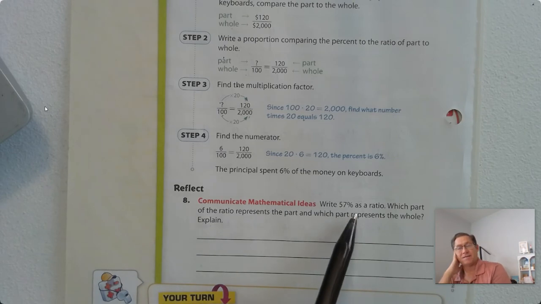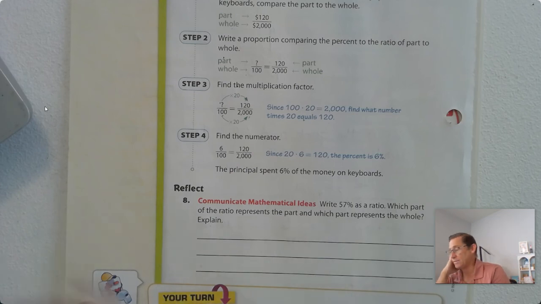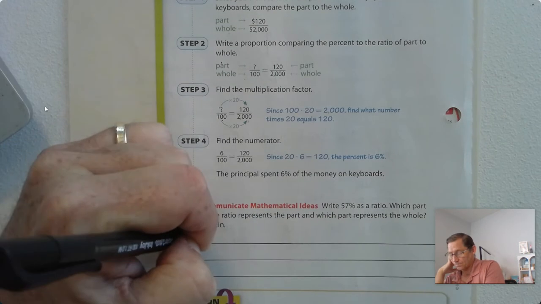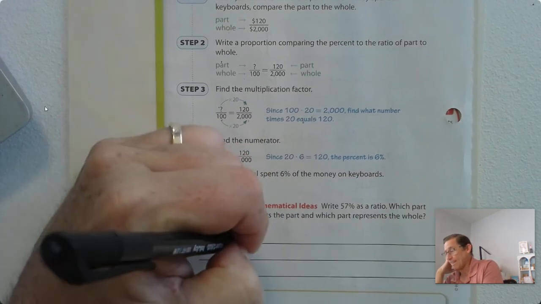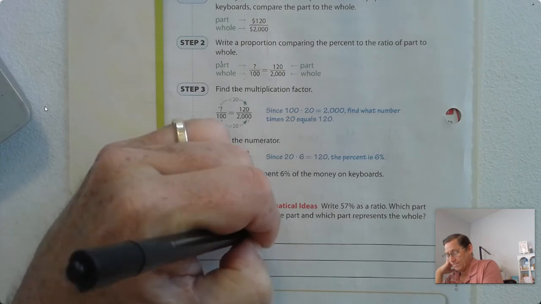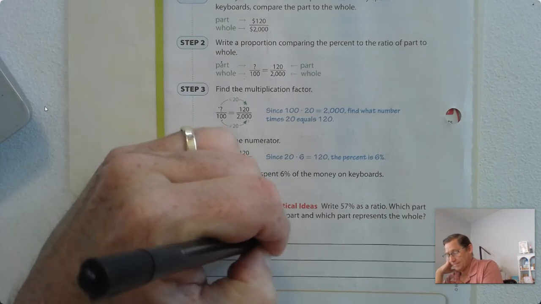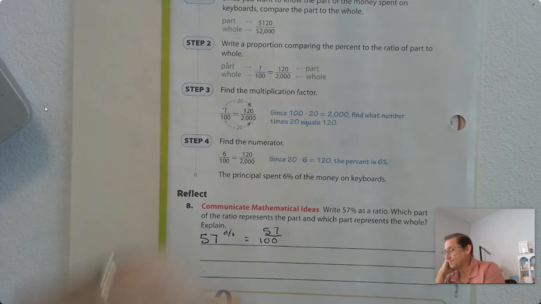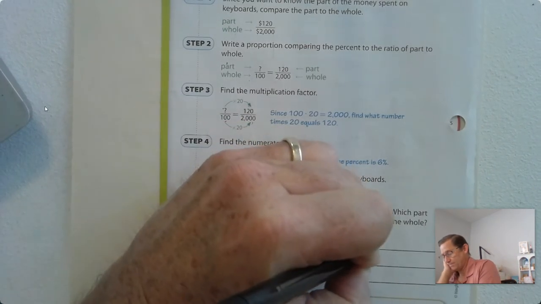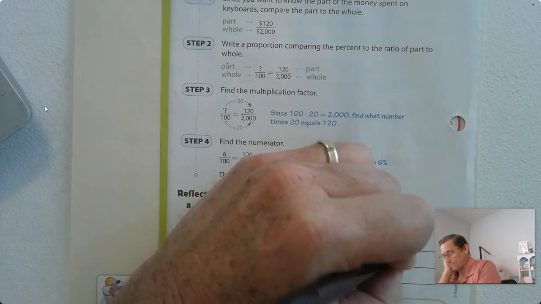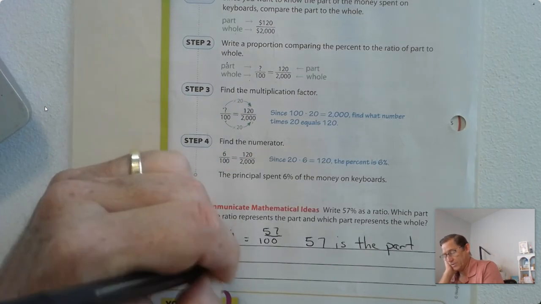Write 57% as a ratio. Which part of the ratio represents the part and which part represents the whole? And explain. Okay, so 57% equals 57 out of 100. 57 is the part and 100 is the whole.